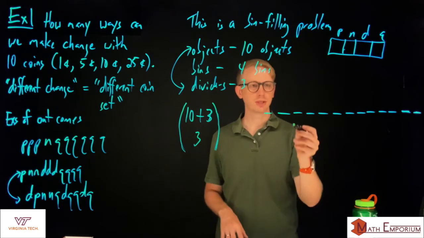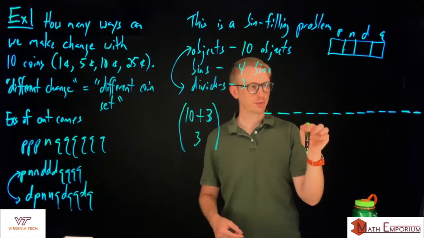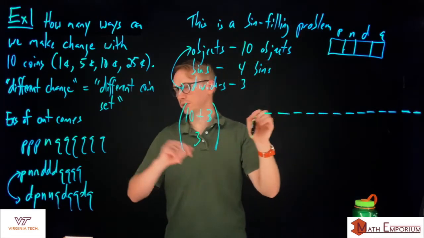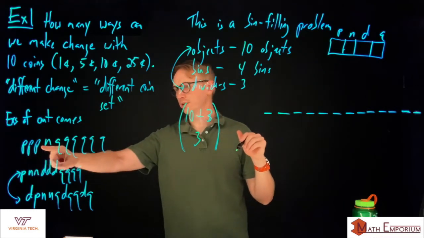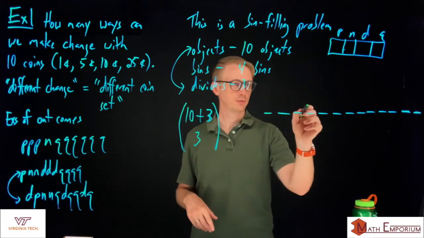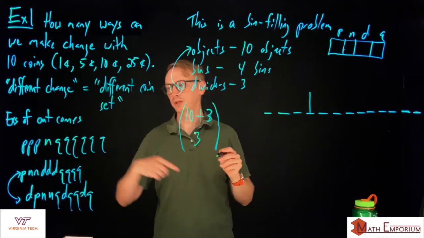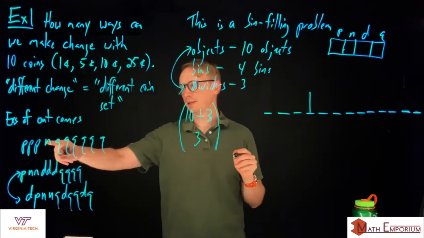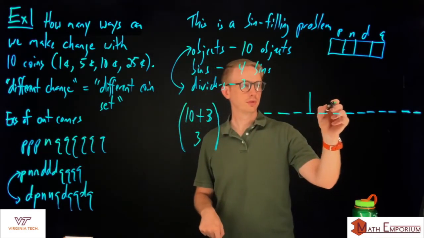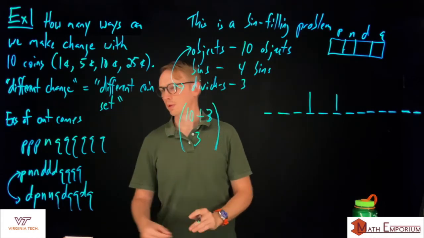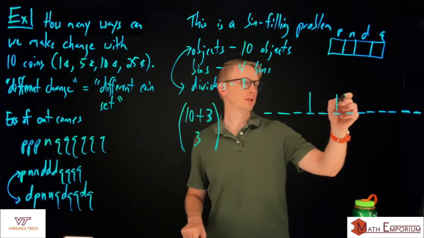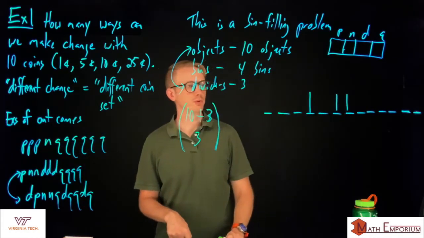So if I chose 3 spots for the dividers, suppose I wanted to make sure I get this first outcome. Well, that means my divider goes in the 4th blank, because I want a few pennies. Then I need another divider after 1 nickel. I have no dimes, so I need another divider there, leaving the quarters.